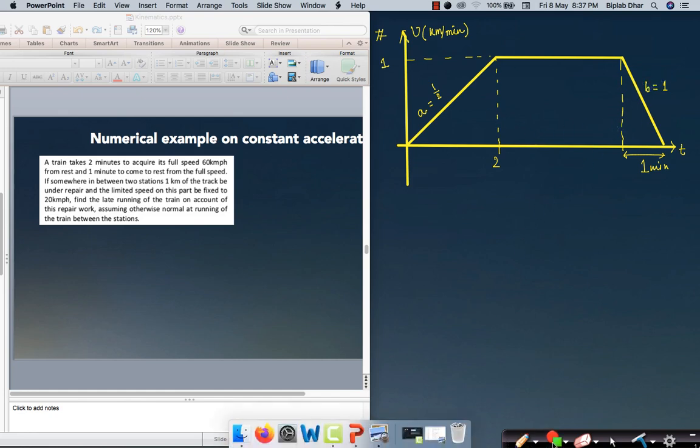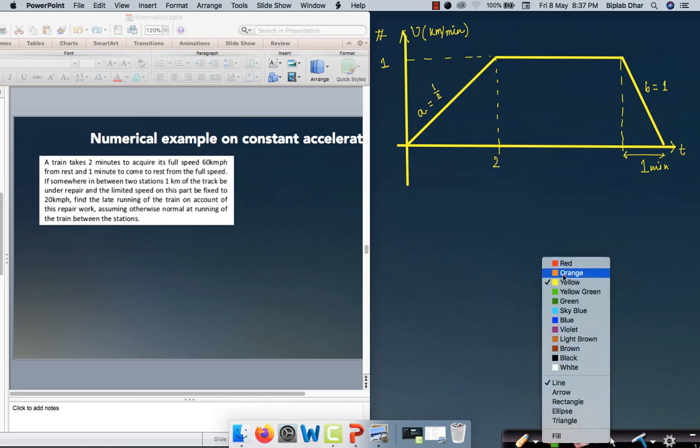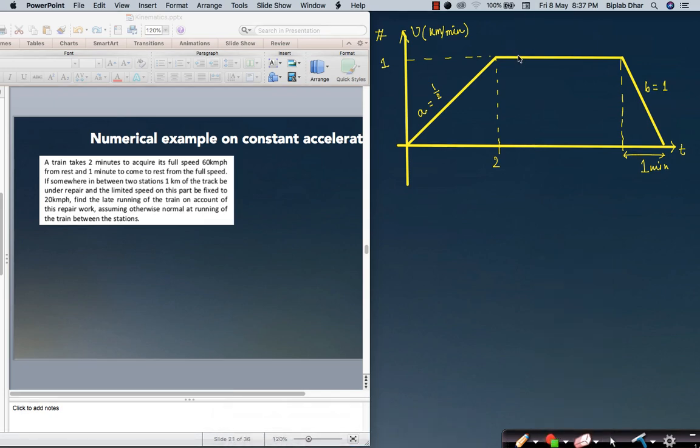What happens in a day when there is repairing work going on? Suppose at this point the velocity has to be reduced by 1/3, from 60 km per hour to 20 km per hour. So how can it be reduced?